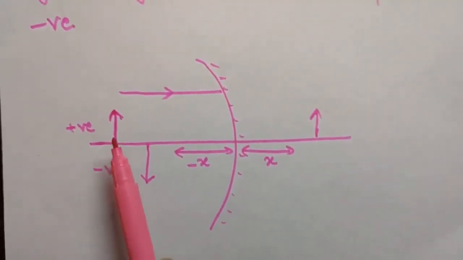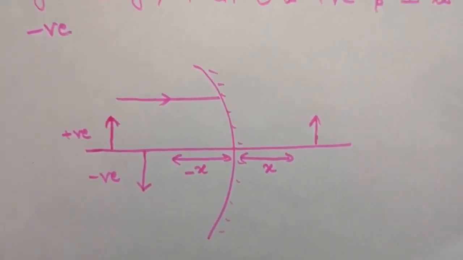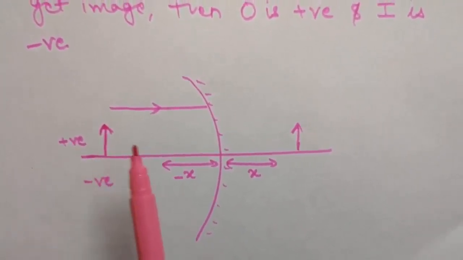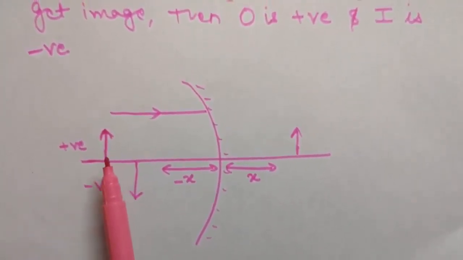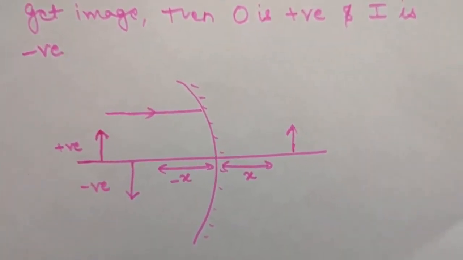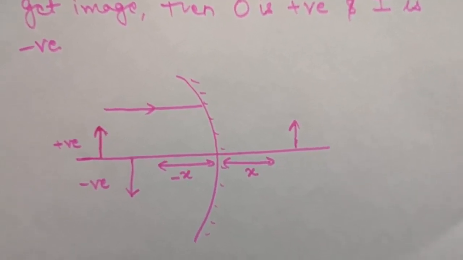No. That means in this case both will have the same sign, so you can take both to be positive. So if you get the image by rotating the object by 180 degrees, then one will be positive, one will be negative, and generally we take the object to be positive. So this is your sign convention.